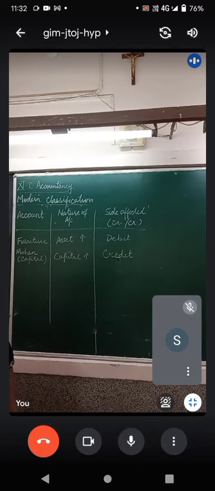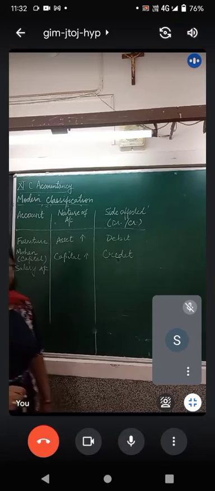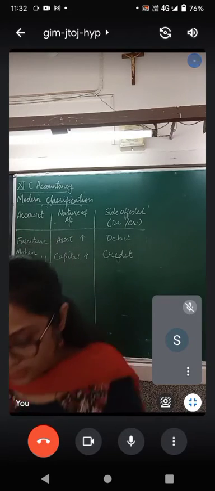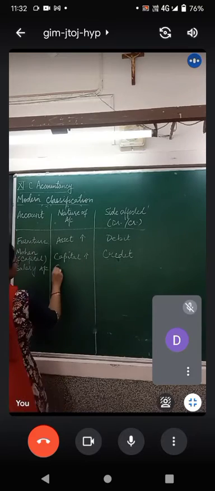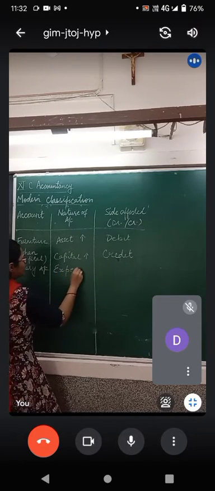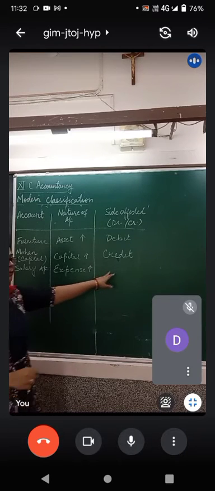Now the third one is salary account. First of all, tell me what is salary? Revenue or expense? Expense. The nature is expense. Now to increase expense, what you have to do? Debit it or credit it?